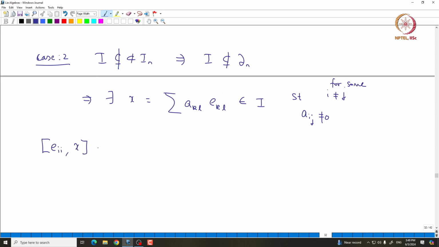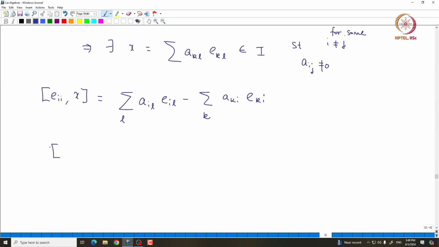[e_ii, x]. It is easy to compute using the formula. Then you can easily see that this is exactly equal to summation over l of a_il e_il minus summation a_ki e_ki, where the second sum runs over k. Now, if you do one more computation, the bracket [e_ii, x] with e_jj, then you get exactly a_ij e_ij plus a_ji e_ji.